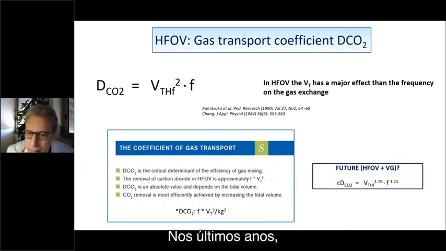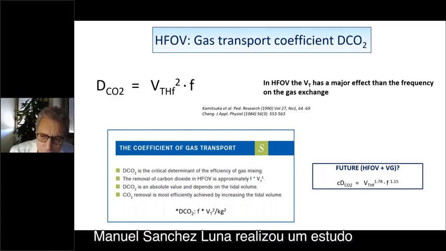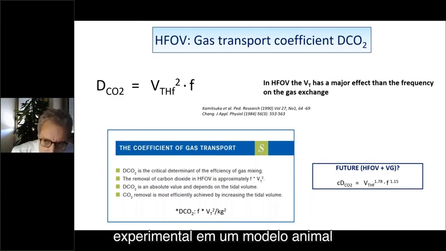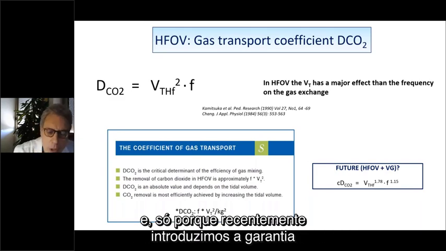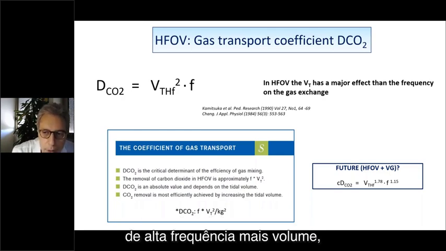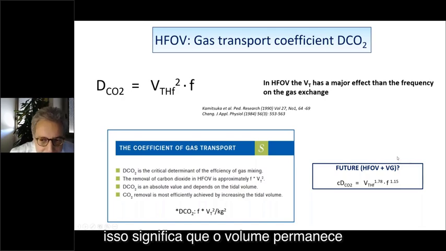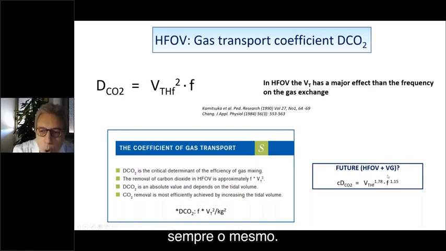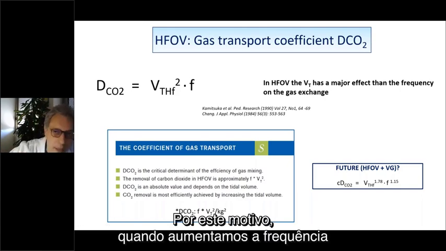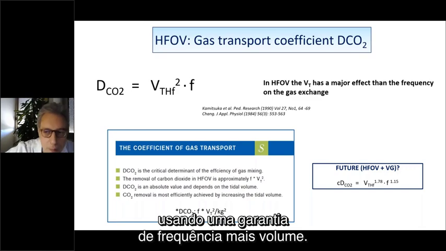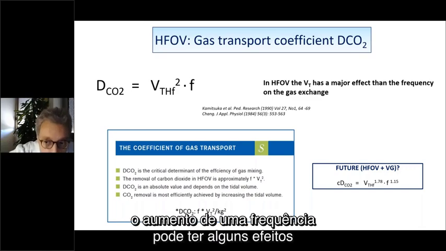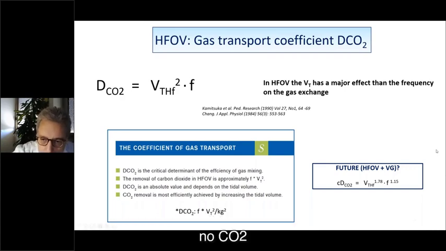In the last years, Manuel Sanchez Luna performed an experimental study on an animal model, just because we recently introduced the high frequency plus volume guarantee, which means that the volume remains always the same. And for this reason, when we increase the frequency by using high frequency plus volume guarantee, the increase of frequency could have some effects on the DCO2.